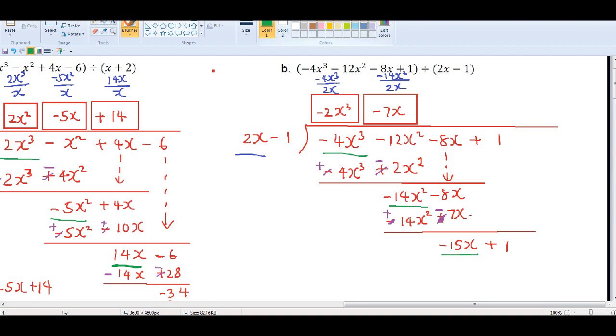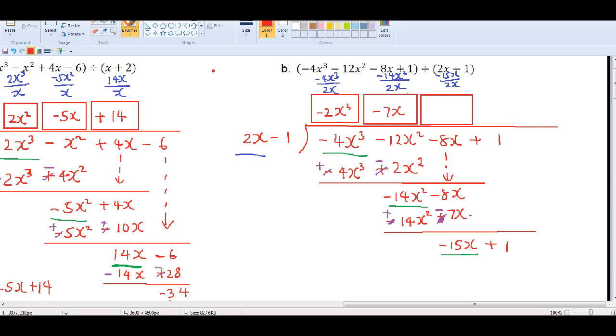So the problem is, can you see that now? The problem is minus 15x is not divisible by 2x. The x is cancelled out, but minus 15 divided by 2 is not divisible.